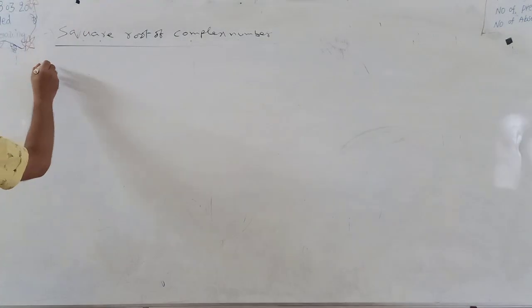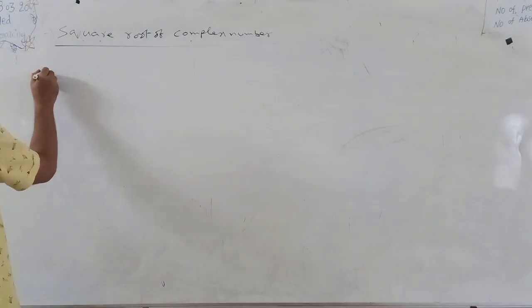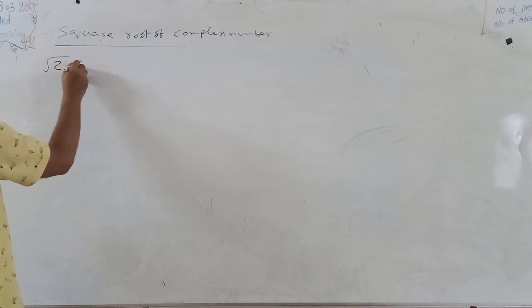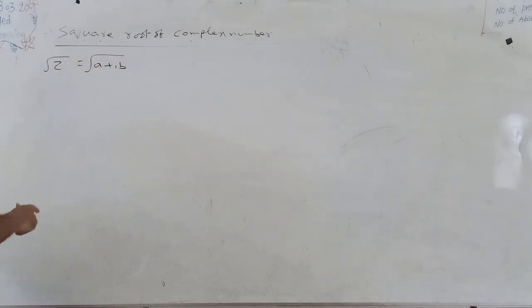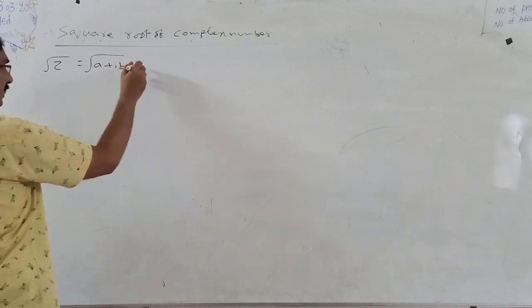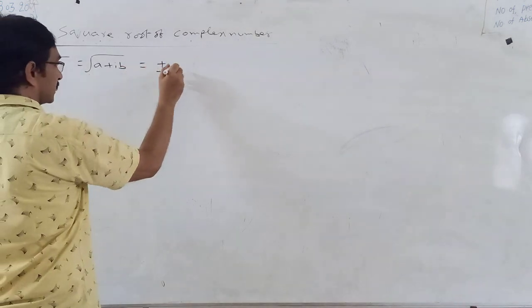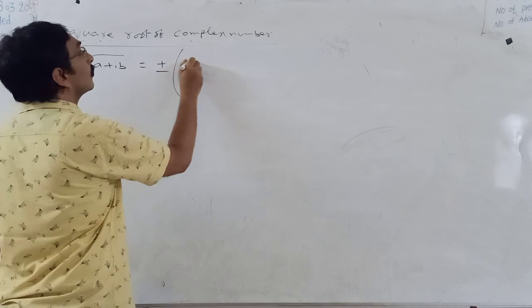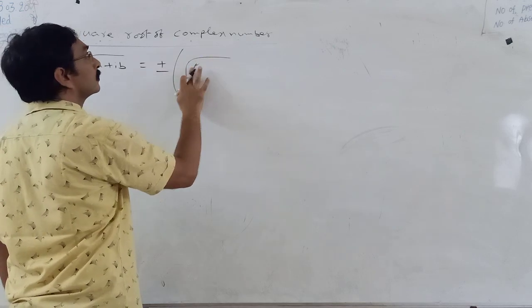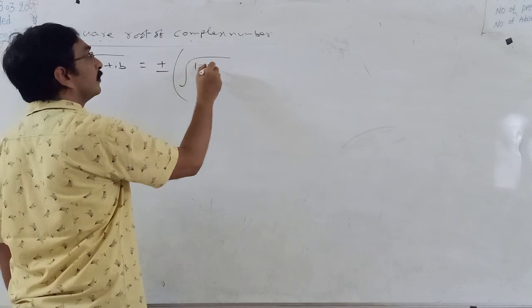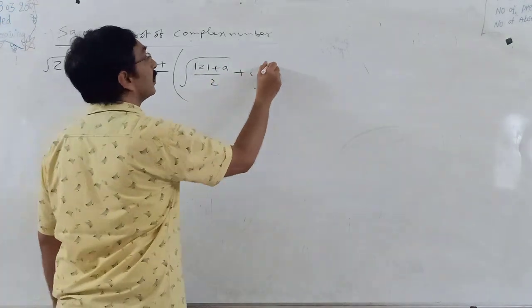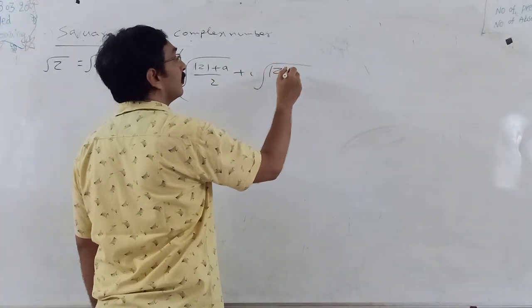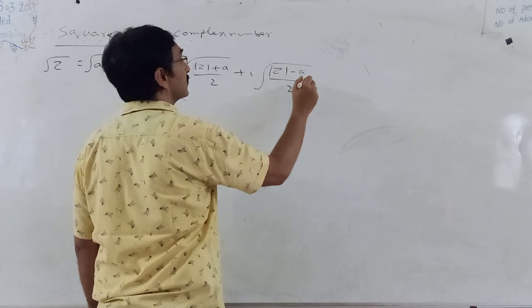See, that is a complex number a plus ib. Root of a plus ib formula: plus or minus, real part is root of mod z plus a by 2. Imaginary part is root of mod z minus a by 2.